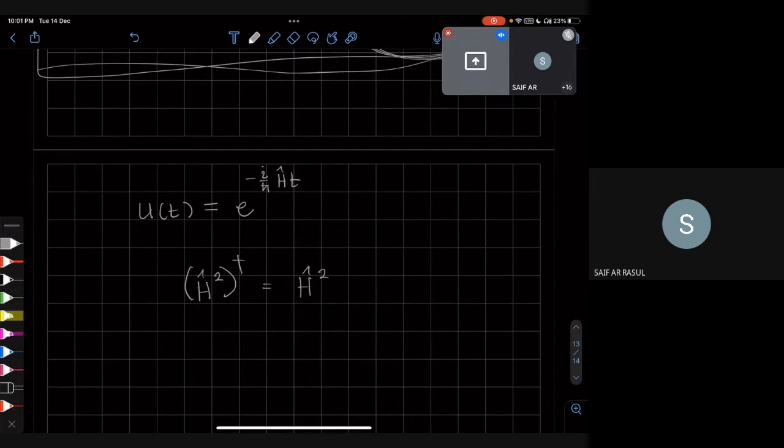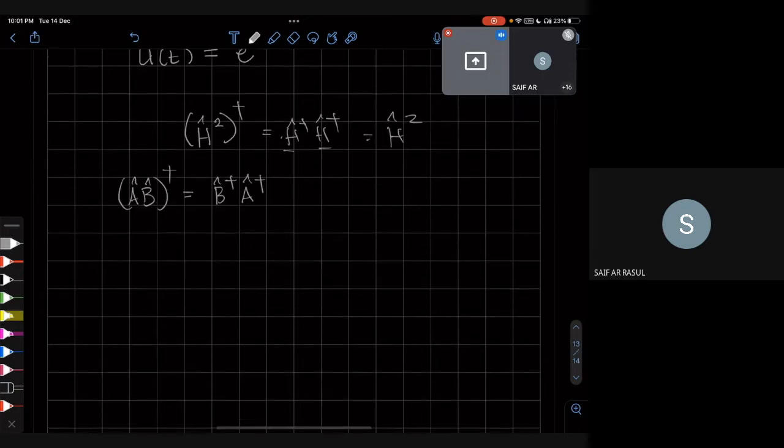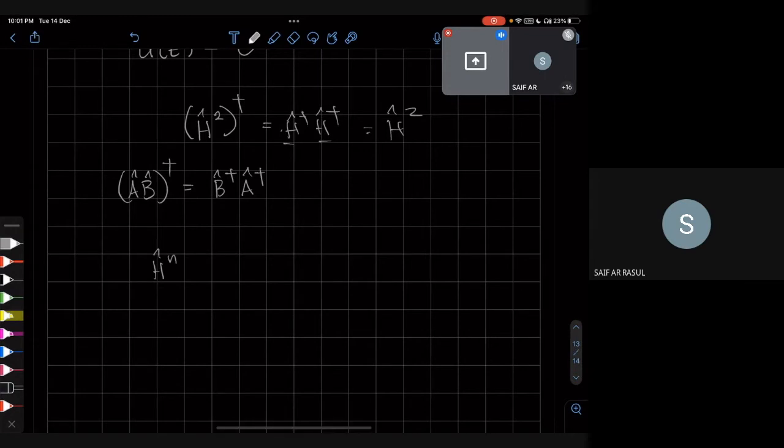Because Hermitian conjugation, I've not proved this, but you can show this, it reverses the order of the operators. So the Hermitian conjugation of AB is the Hermitian conjugation of B, Hermitian conjugation of A. Now, if I take the Hermitian conjugation of H squared, this is just H dagger, H dagger, and this is a Hermitian operator, so I get H squared. So any power of a Hermitian operator is just going to give me back that power of the Hermitian operator.